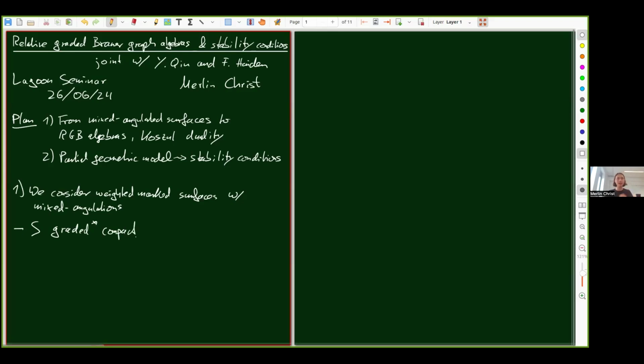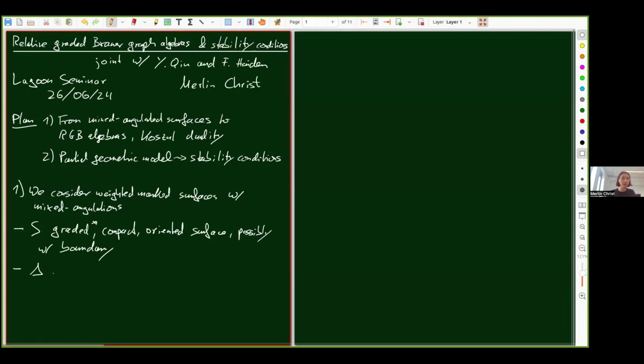So think of it as graded, and then it's compact, and it's oriented. This is the surface. And possibly it has boundary, but the boundary can also be empty. That's the first input. Then this surface carries decorations of multiple types.